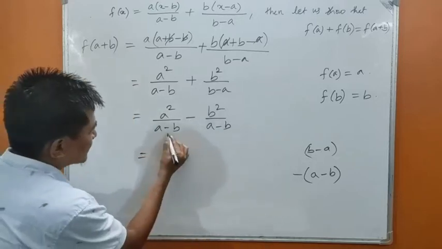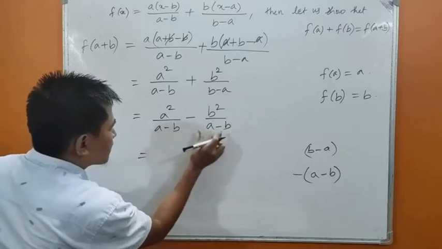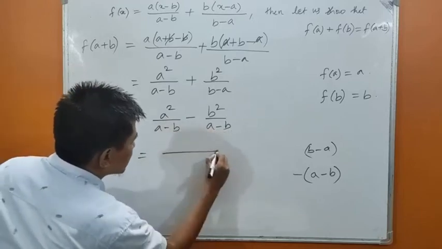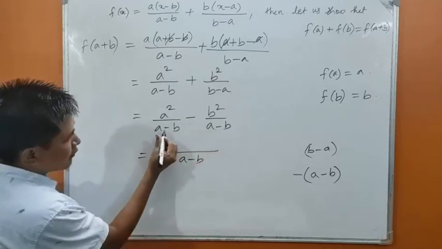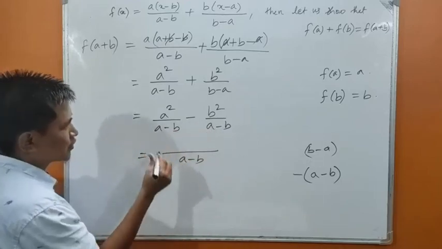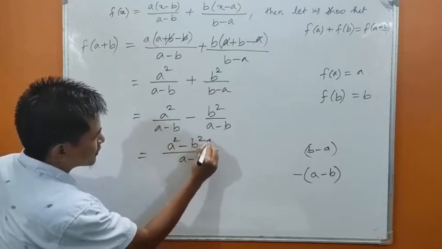Okay, now this minus a minus b and a minus b, the LCM of a minus b and a minus b is a minus b. I hope you are getting me, okay? So in the numerator we have a square minus b square, isn't it?